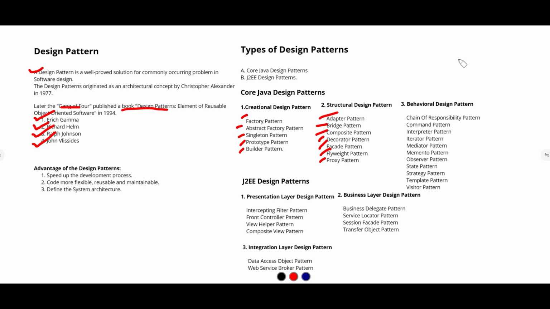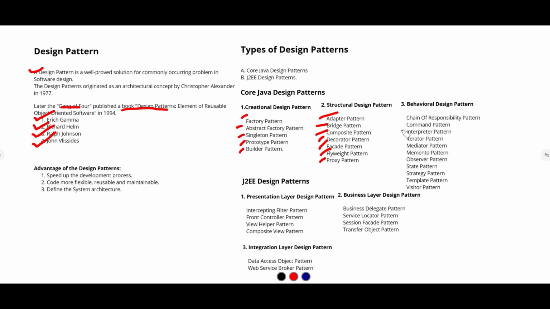Again, under behavioral design pattern also, we have multiple design patterns. These are the chain of responsibility, command, interpreter, iterator, mediator, memento, observer, state, strategy, template, and visitor design pattern.